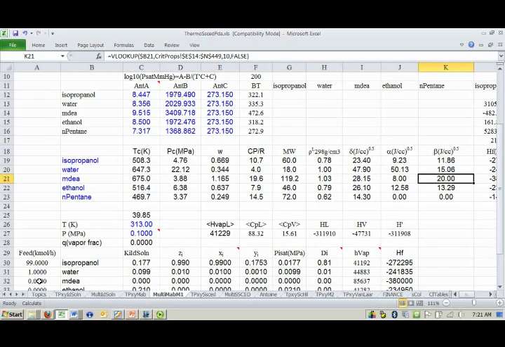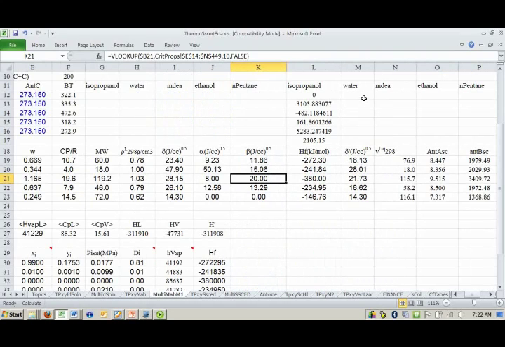And so what's going to happen is as we add the MDEA, it's going to moderate the non-ideality of the water, make it more happy and comfortable. And that's going to bring the relative volatility up, or the K value of the water down, however you want to say that, so that the azeotrope no longer exists. We'll see how that works out as we move on with the problem.